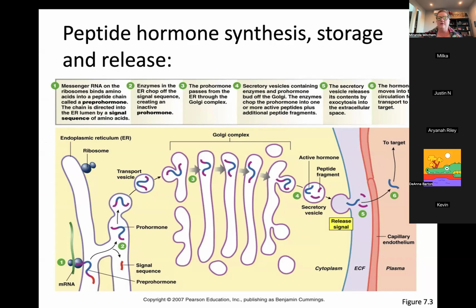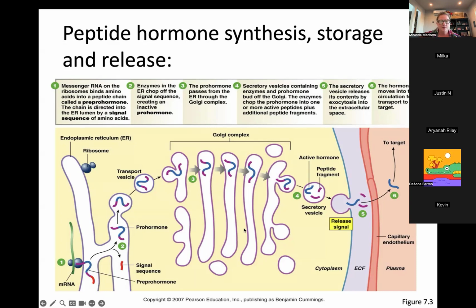So a little bit of a hormone goes a very long way. And that has to do with the fact that they're binding a receptor on their target, but it also has to do with the fact that peptides are very specific. So they're going to target the cell they need to and have no action on cells that do not have their receptor.